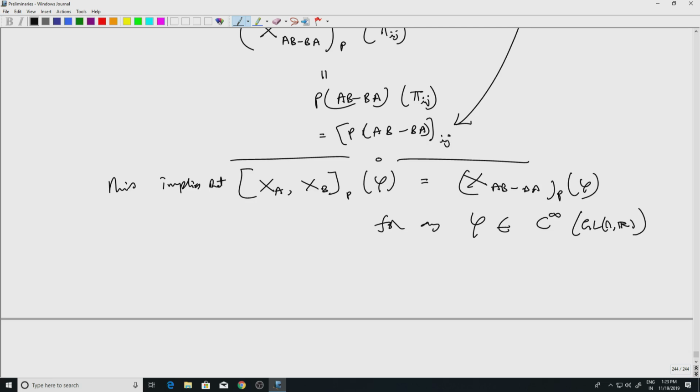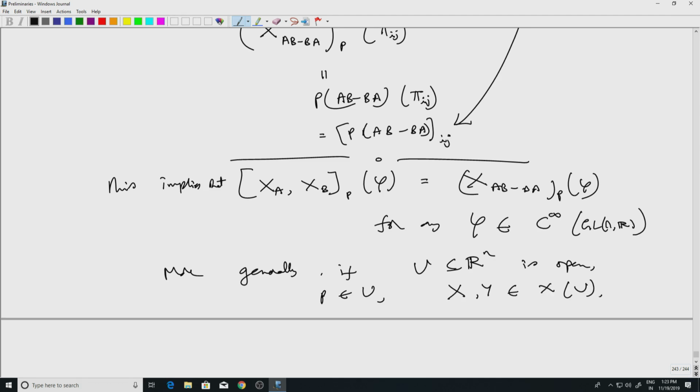So let me just state it like this. More generally, let's take an open set in Rn, and you take a point inside that, and I take two vector fields on this open set.